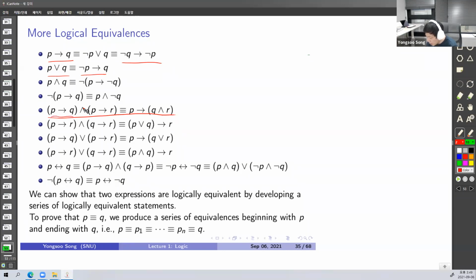This proposition is if P then Q, and this proposition is if P then R. If these two propositions are both true, then if P, then both Q and R are true, because we have an AND operation here. So this compound proposition is equivalent to this one. You can again show this more formally by building a truth table for these two propositions.